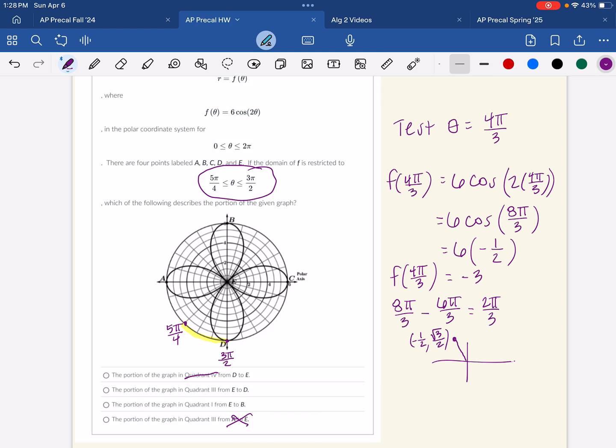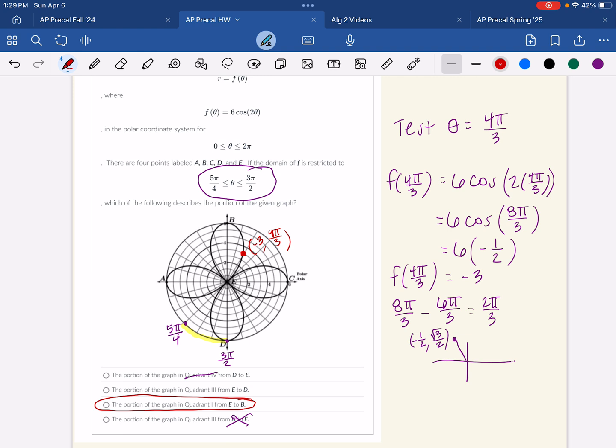I could go ahead and find that value at 4 pi over 3. So now I'm doing more work than you probably need to, since we know it's in quadrant 1 now. But we just found this point, negative 3 at 4 pi over 3 as our input. So that shows me that it's going to be the piece of the graph from E to B in quadrant 1.